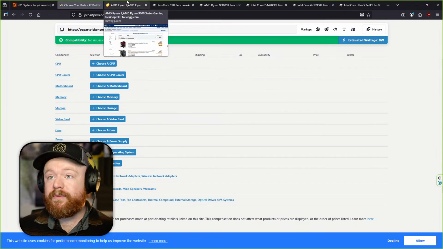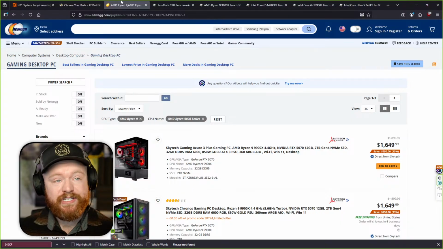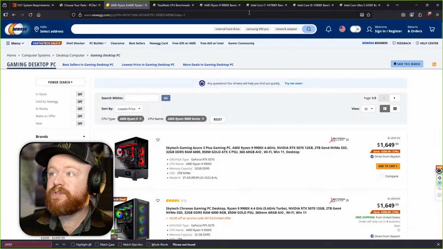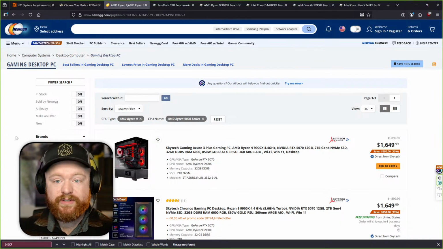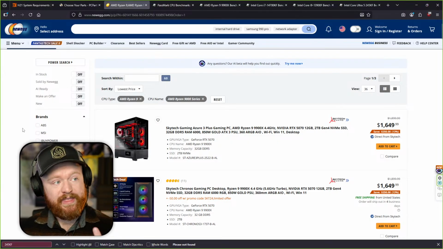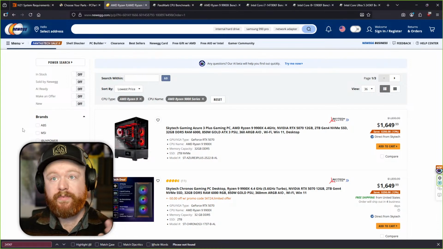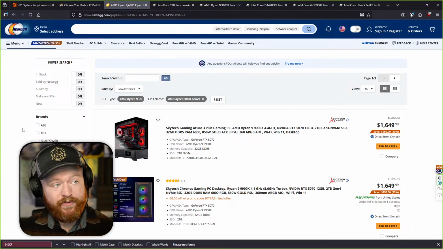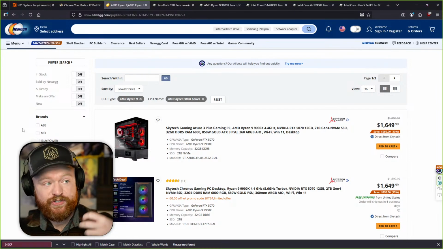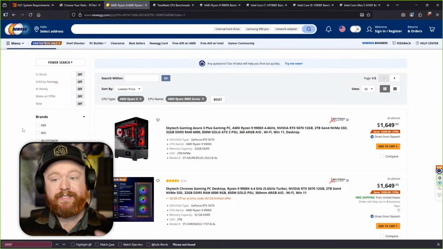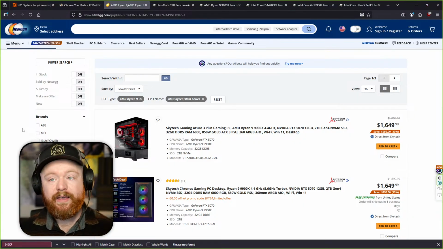And so, again, budget build, find yourself a decent CPU, try to filter things out, and then look for something that has at least 1 terabyte of a SSD hard drive. SSD is the type of hard drive, and it makes it faster to read and write files when it's an SSD. So you want that.